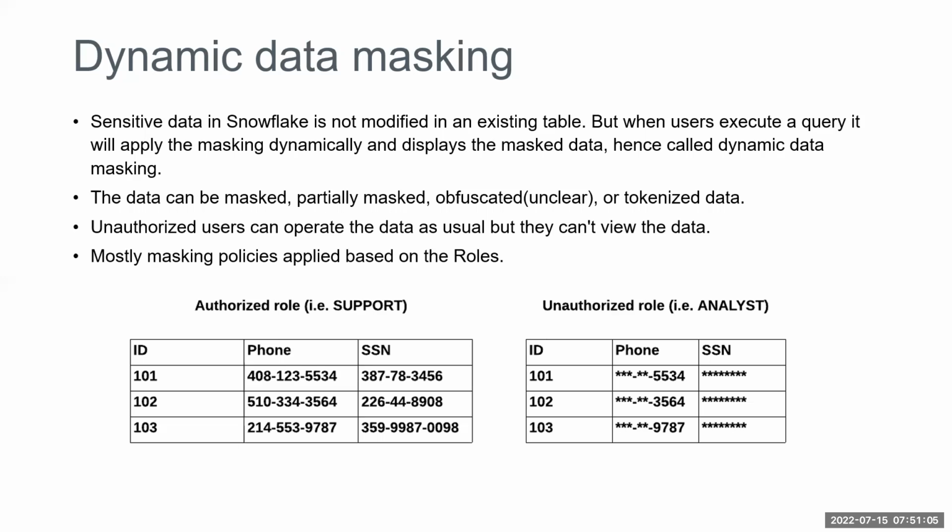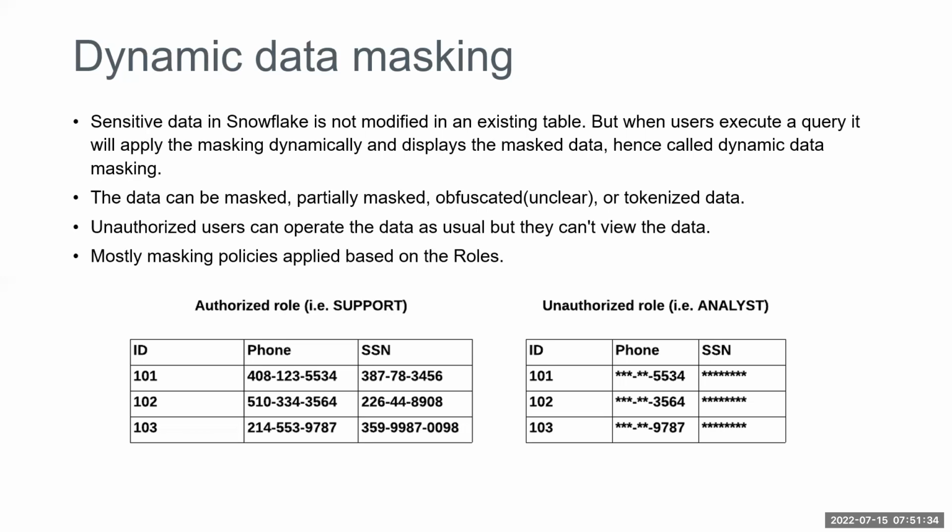That means whenever you submit your query, then while fetching the data dynamically, if we have defined any masking policies on that column, it will apply that dynamic masking and display the masked data. That's why it is called dynamic data masking. It's not that the masked data is stored in the storage, but while fetching the data, it applies the masking policy dynamically and displays the masked data.